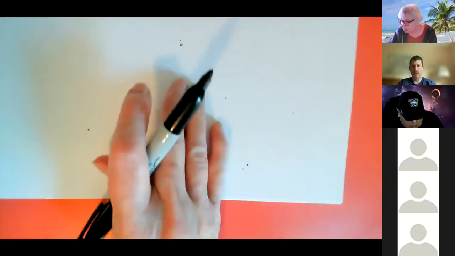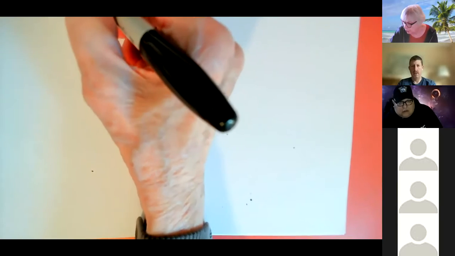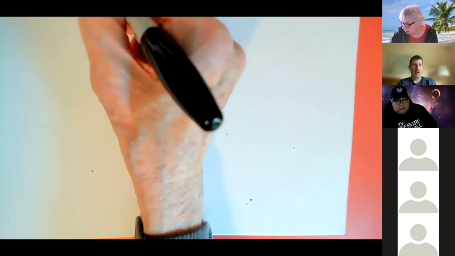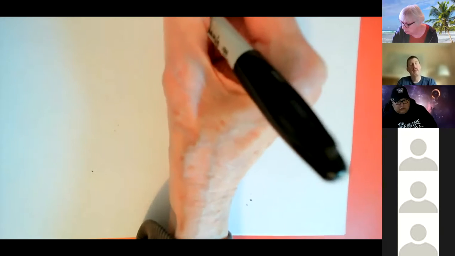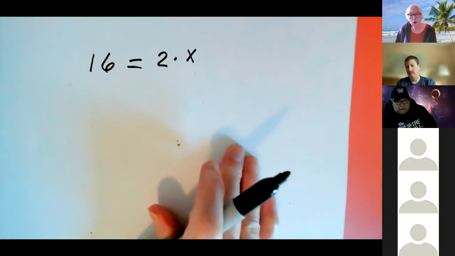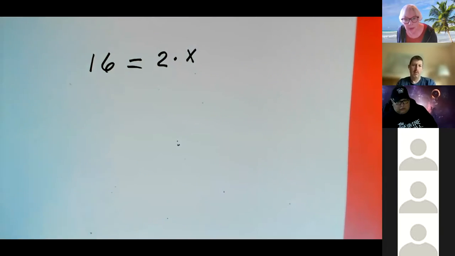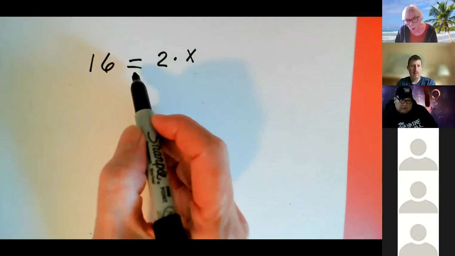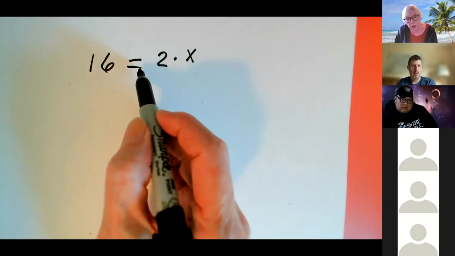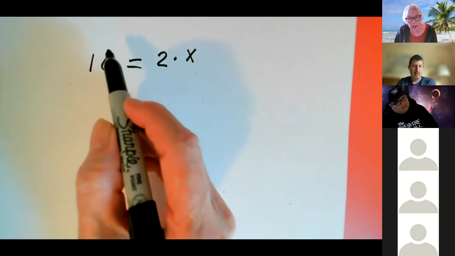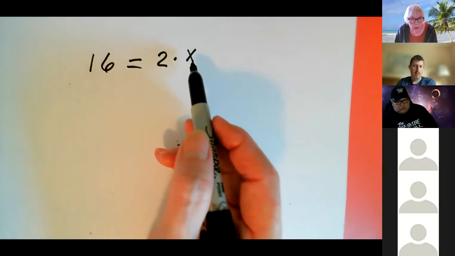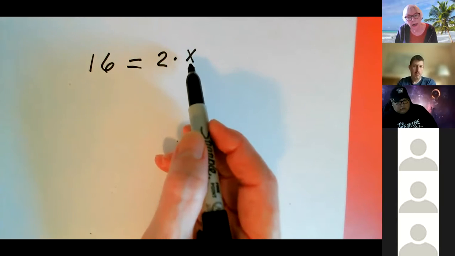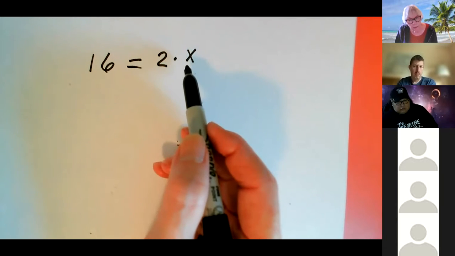They did have a quick section on this. 16 equals 2 times x. They had a whole section about this. And I don't think this is a big deal because I think it's fairly obvious. This is a little equation. An equation basically has equal signs and something on either side, left and right. And so your goal was just to say, okay, can I get the x?